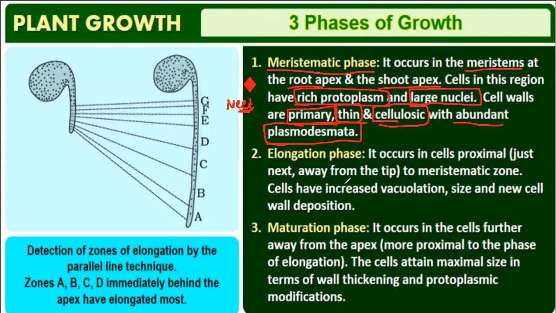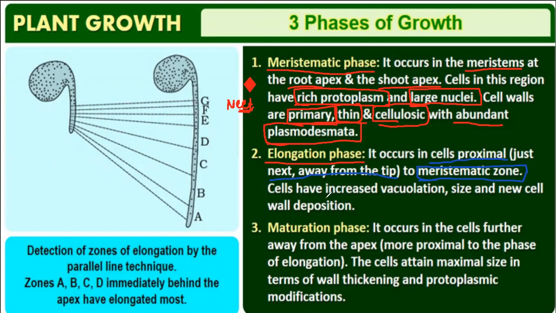Then the elongation phase. Second one is the elongation phase. It occurs in the cells proximal, that is just next to the tip. So the elongation phase takes place in the cells that are near to the meristematic zone, very close to it.